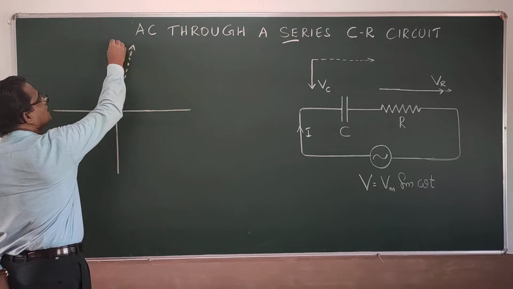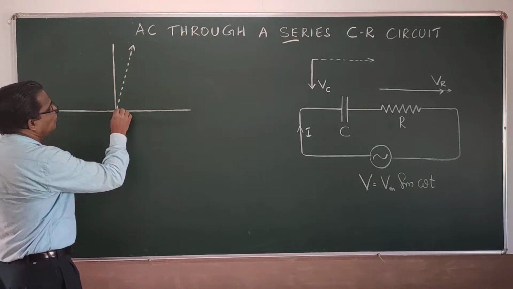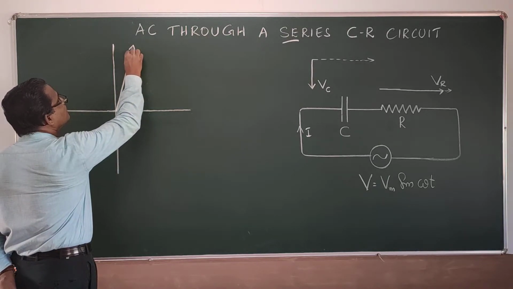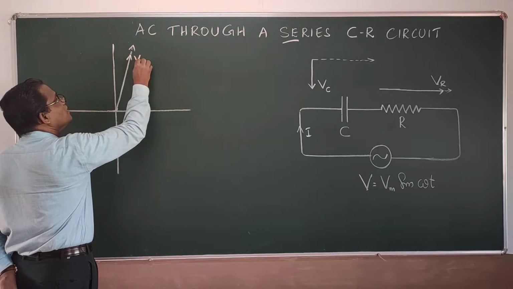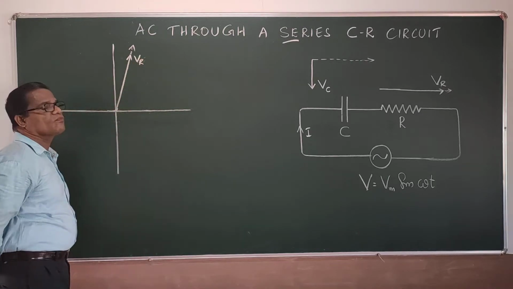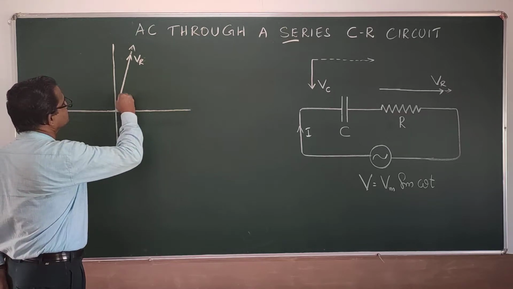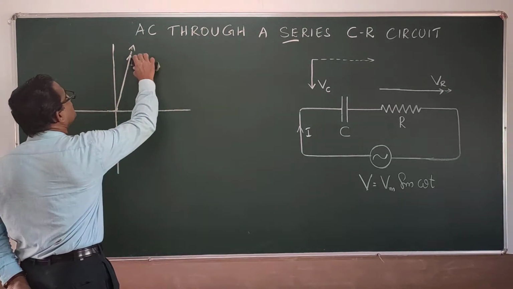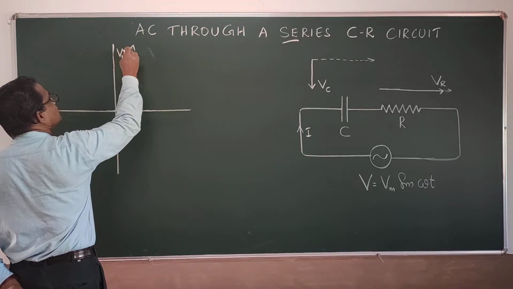This is the reference current I am fixing. Then the voltage across the resistor will be coming here, and we take this as the peak value of voltage across the resistor.